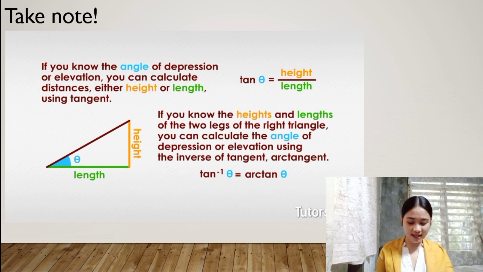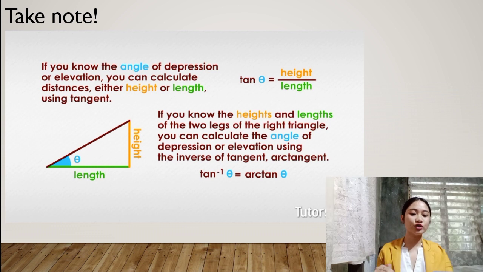It is on the scientific calculator. You shift your calculator and the inverse of tangent will appear.